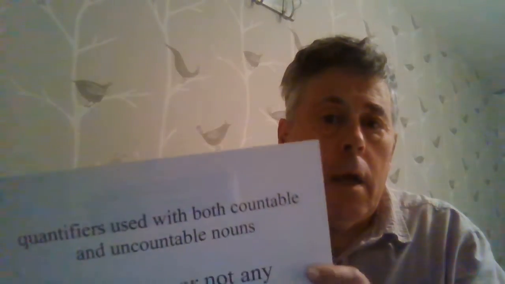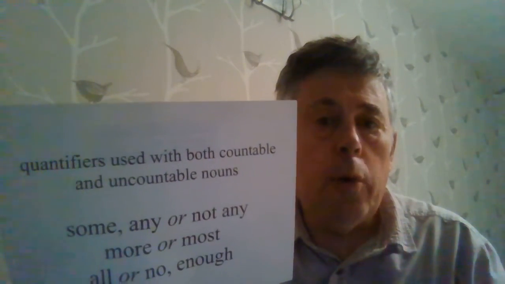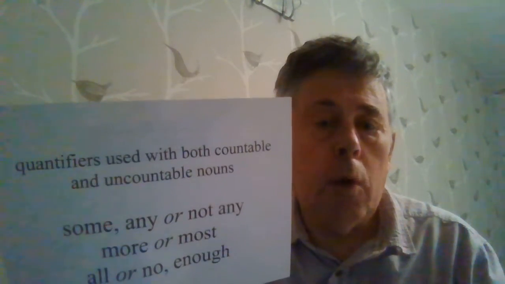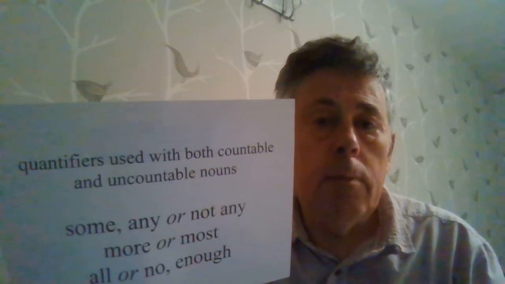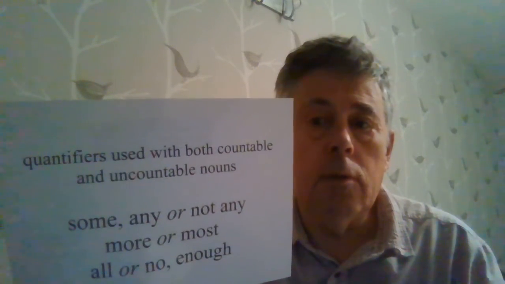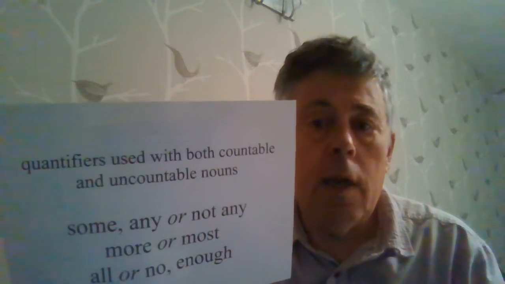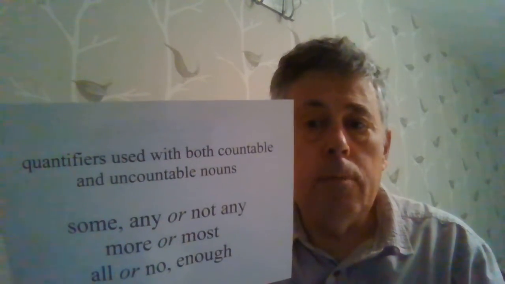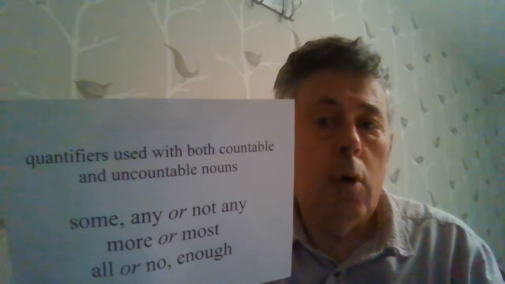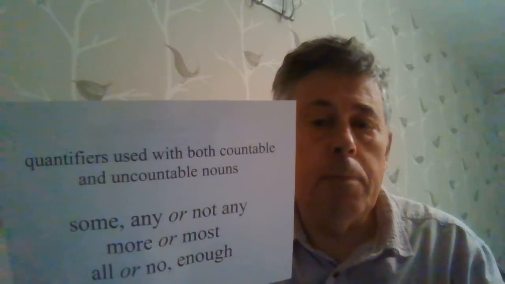Okay, and then there's a final category of quantifiers, and these are words about quantity that can be used with both countable and uncountable nouns. So some, any or not any, more or most, all or no, enough. These are all examples of this category.